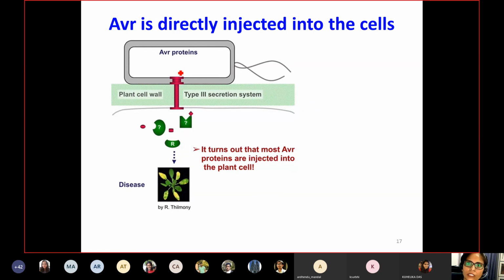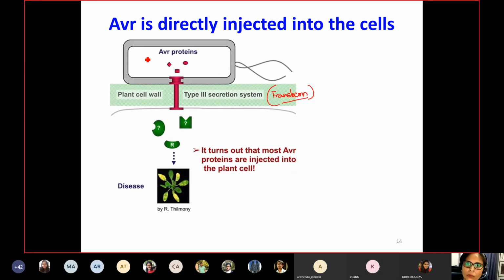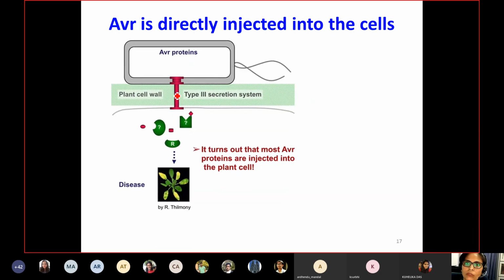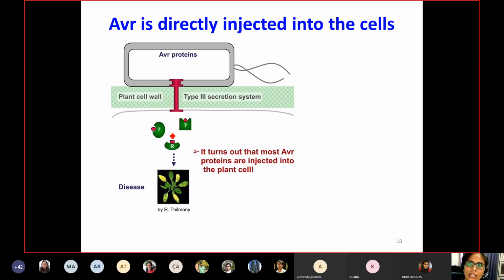As you can see in the movement of the red proteins, it is first here in the bacteria and then slowly it is moving into the big plant cell cytoplasm. So it turns out that most of the AVR proteins are injected into the plant cell, and then they started finding out the reason for sending these proteins into the plant.